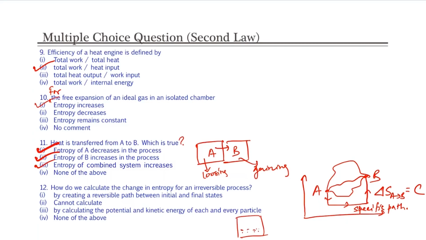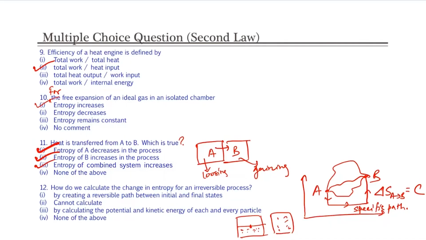Let us say that we are talking about free expansion of gas. So, whenever you make a hole here, the gas will expand and fill the whole volume. This is an irreversible process. How do we estimate the entropy? We go from the same half-filled or unfilled box to a filled box by using a reversible path.